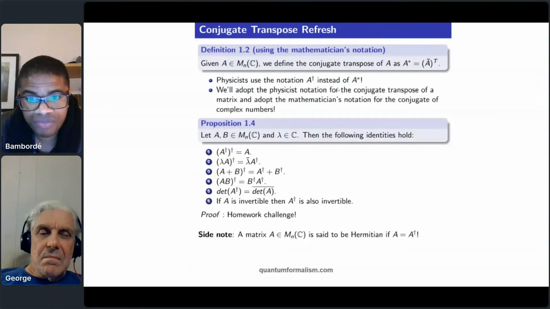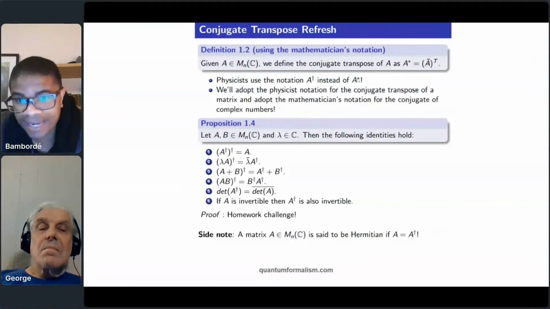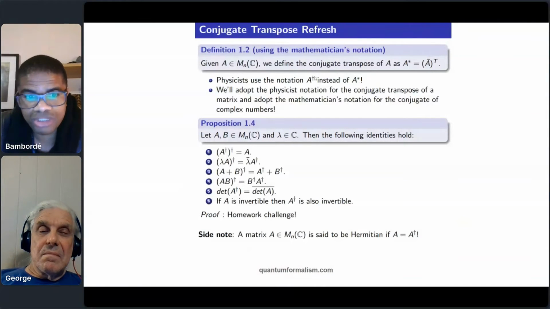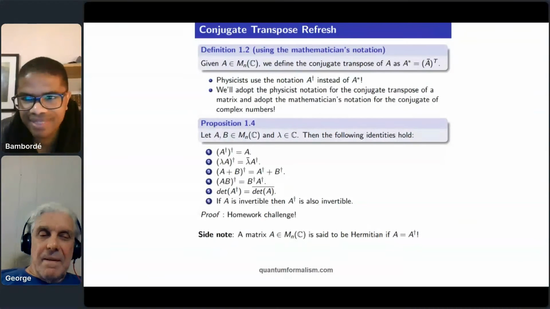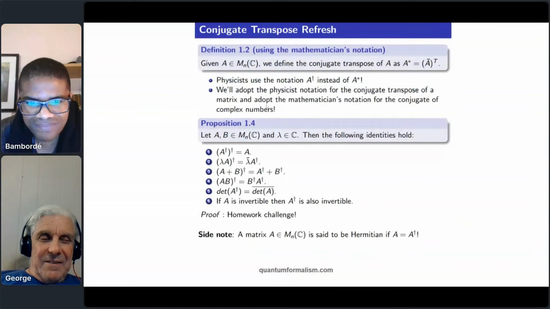Now, physicists don't use A star for this. They use A dagger. We'll use A dagger because it's a fancier notation. I like it because, at least in math, star is very overloaded.